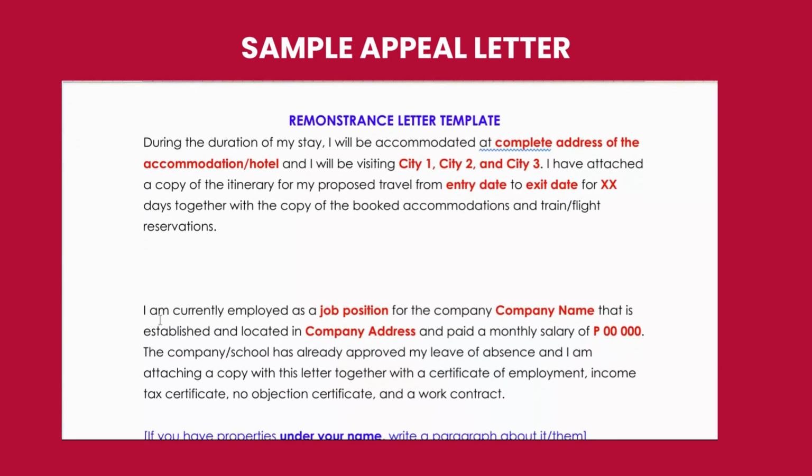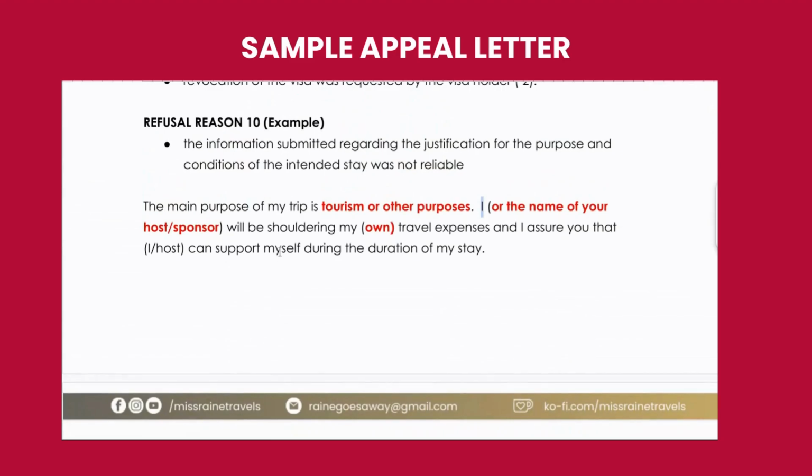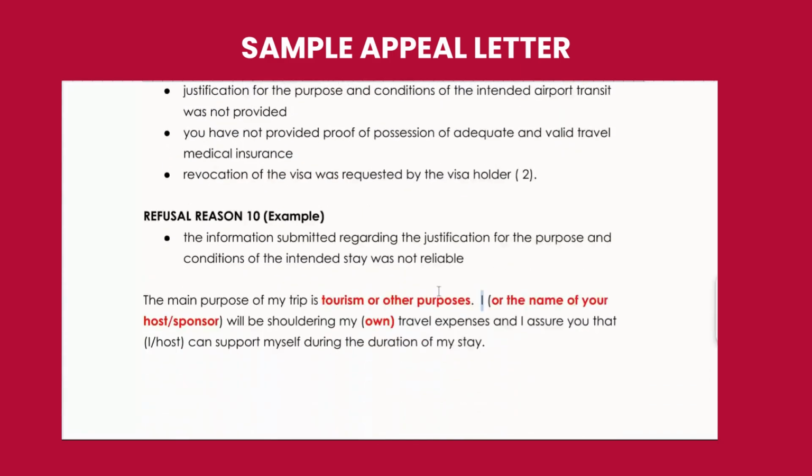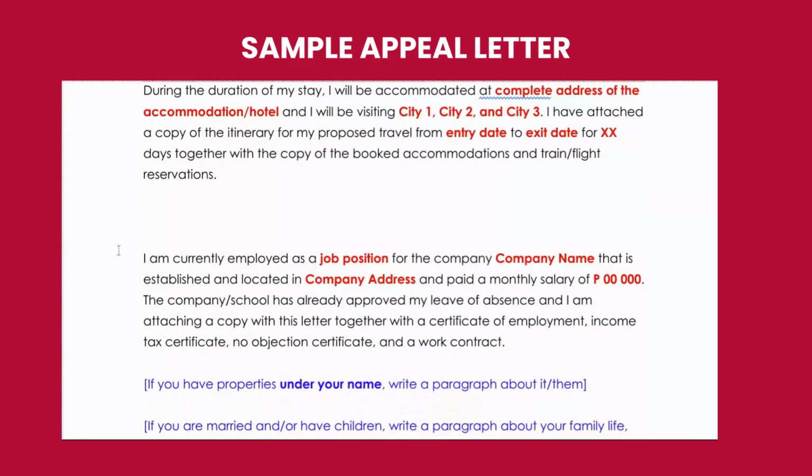Next paragraph. In this one, you have to state another reason why you will be returning home to your home country. Let's say you are employed, then state your current job, your position, the company, its address.